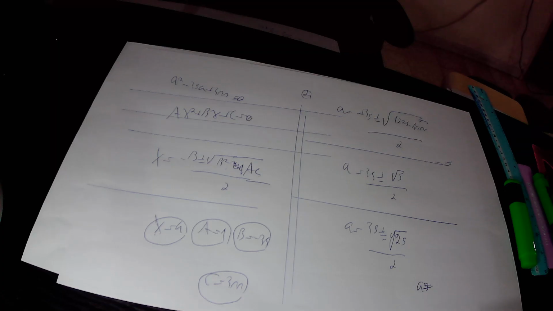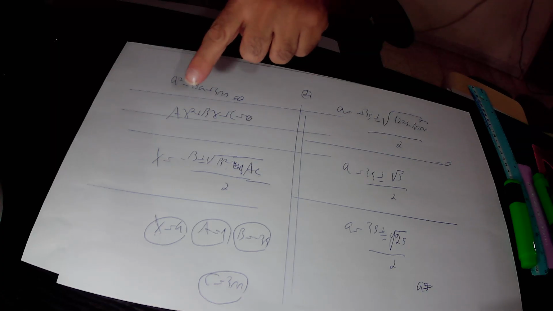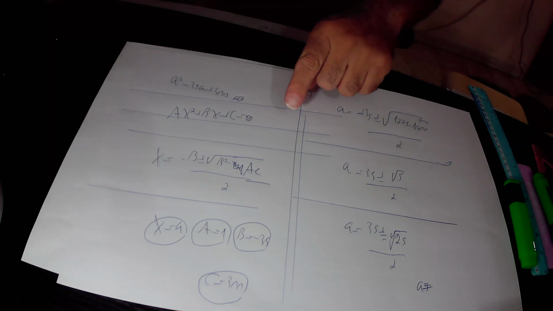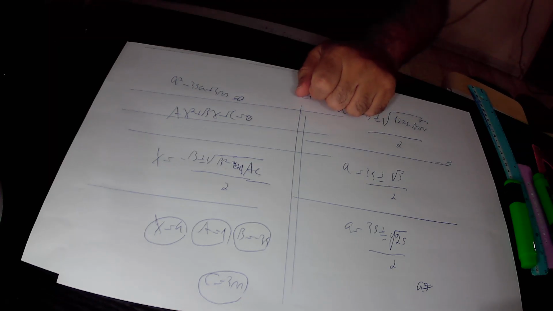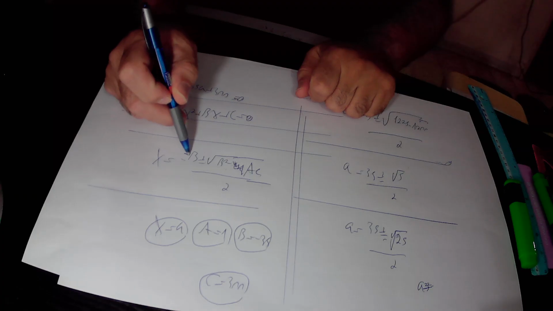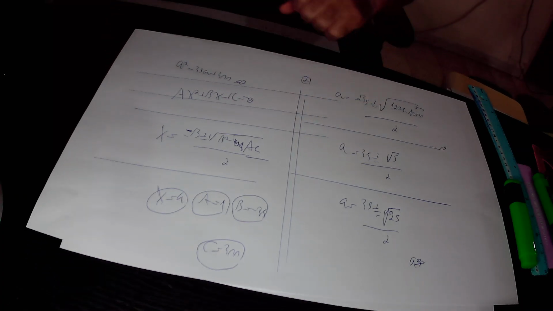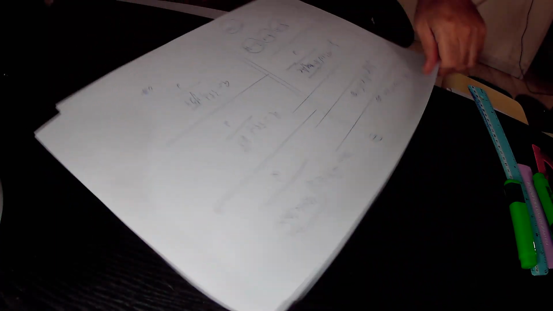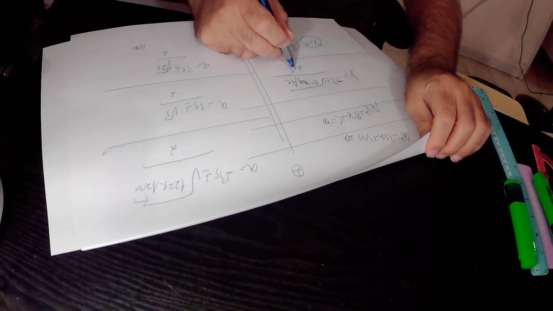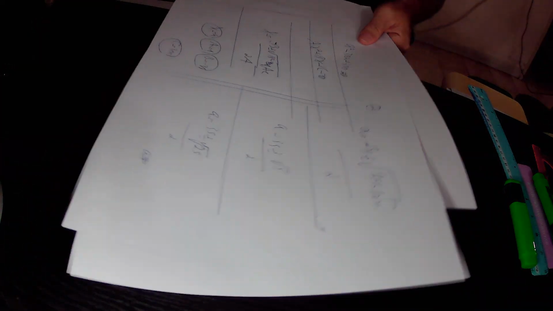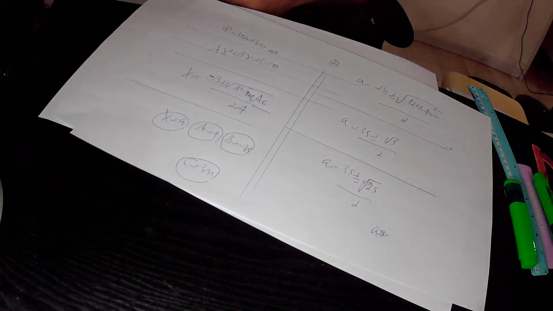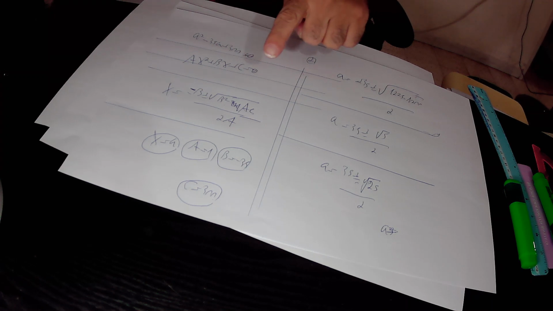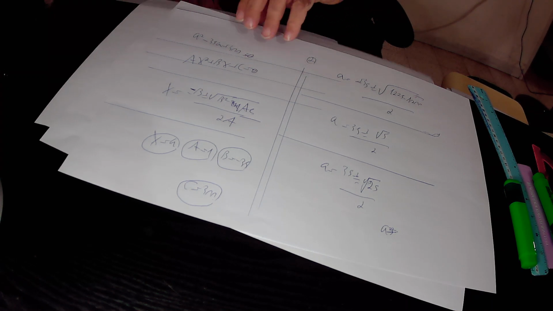We find the value of x according to the following formula: x equals minus b plus or minus the square root of b squared minus 4ac, over 2a. Again, the general formula for x, the variable that we're looking for, is x equals minus b plus or minus the square root of b squared minus 4 times a times c, over 2a.